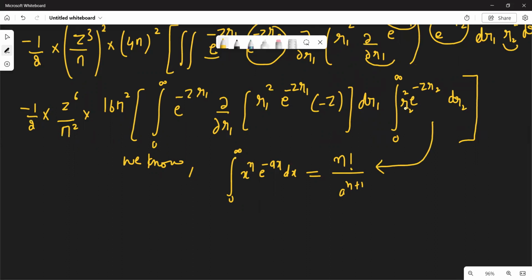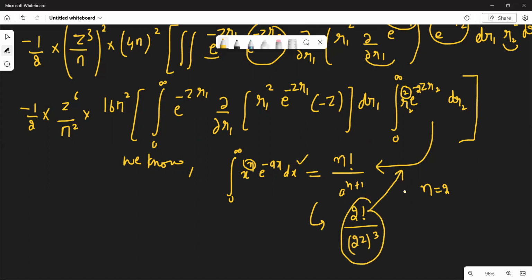If you compare this integral with the standard one, here n equals 2. So what result will you get here? You will get 2 factorial over a. What is a here? a is the coefficient of x, and here we have, sorry, 2Z. Yes, so a equals 2Z. So 2Z raised to power 2 plus 1, which is 3. So this result we will get for the integral, right?